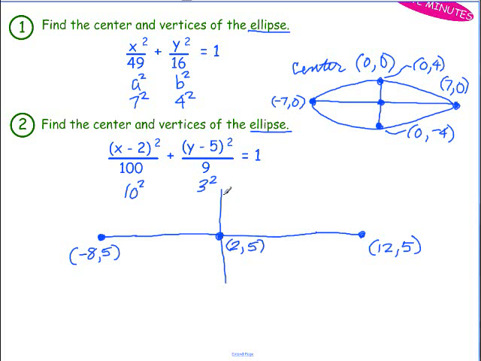Here, I'm going to add 3 to my y and subtract 3.